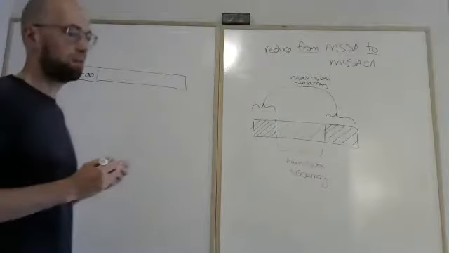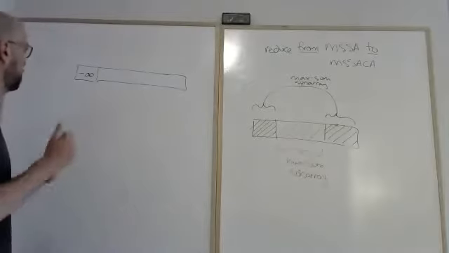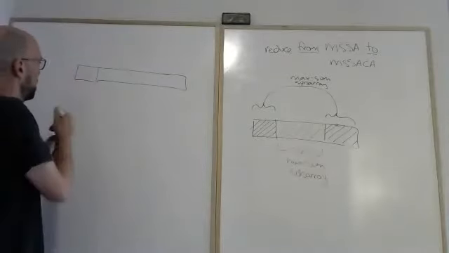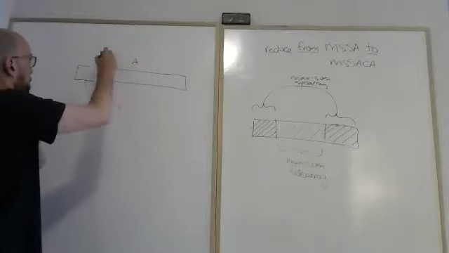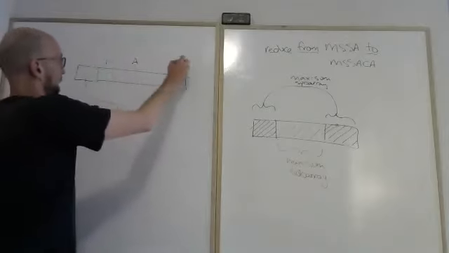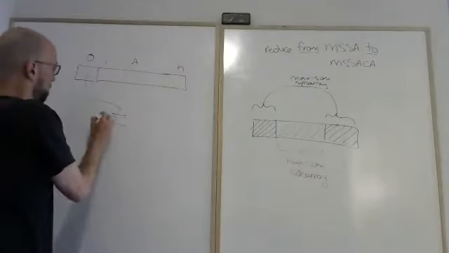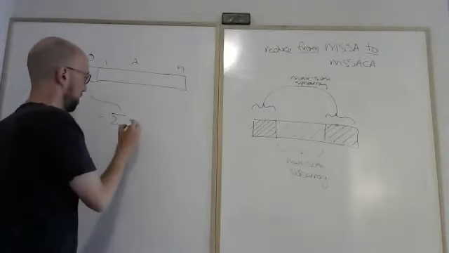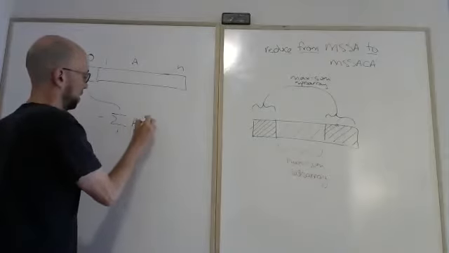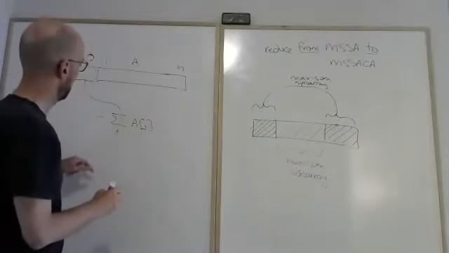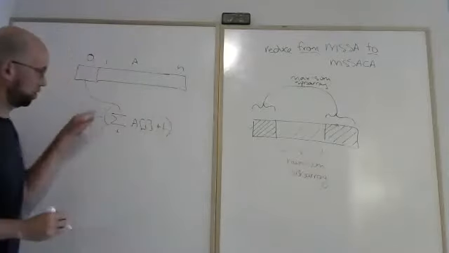Or, if you don't actually have infinity, then what you can do is, if this is A, so this is A1 to AN, in A0 you paste minus the sum over i of A_i, plus 1, putting this all in brackets.